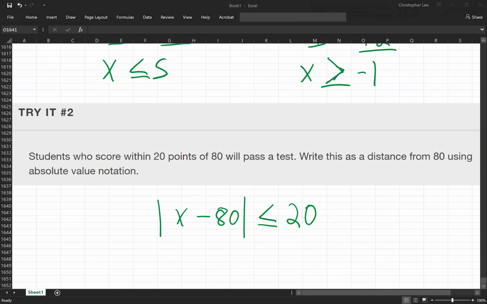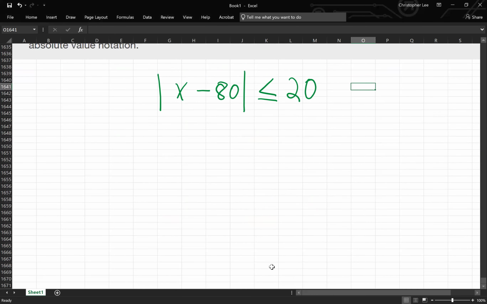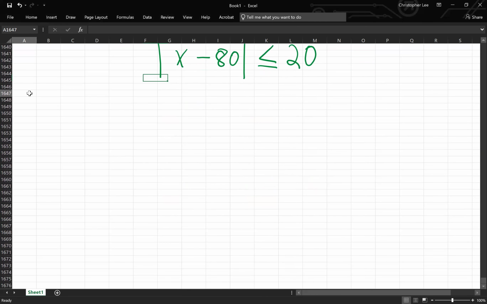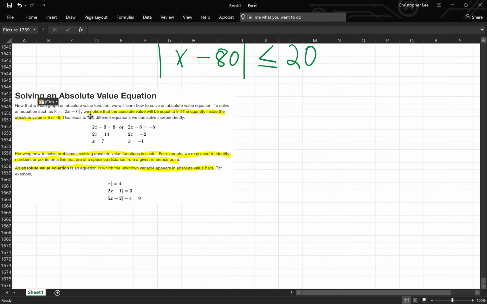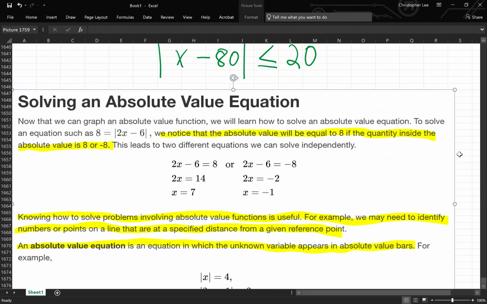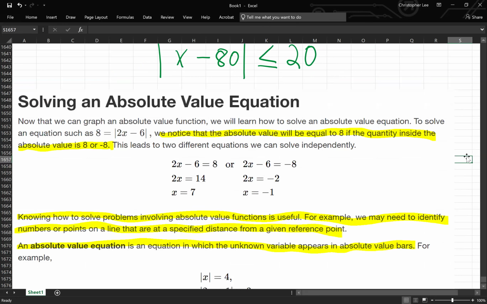All right, let's take it up a notch. We're going to be solving an absolute value equation. Now that we can graph an absolute value function, we will learn how to solve an absolute value equation.